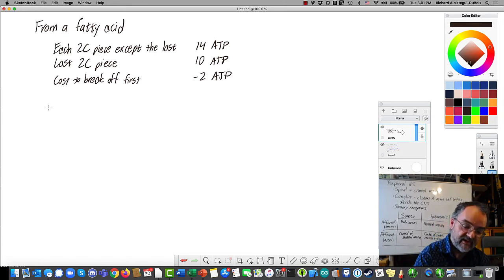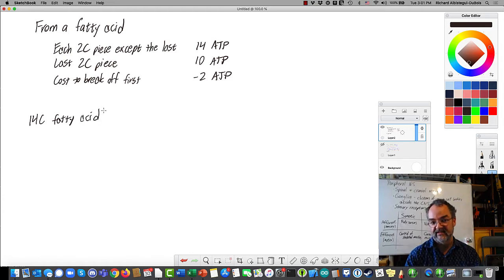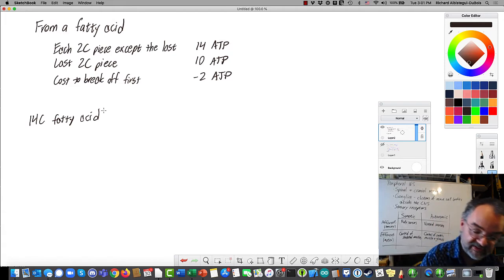So fatty acids in human systems almost always come in even numbers of carbons. So let's imagine a 14-carbon fatty acid. How do we figure out how many ATP we get from that? It's 14 carbons. That divides up into 7 2-carbon pieces.